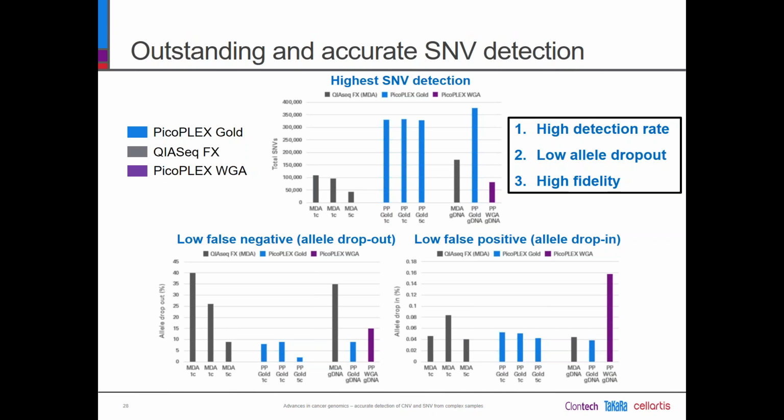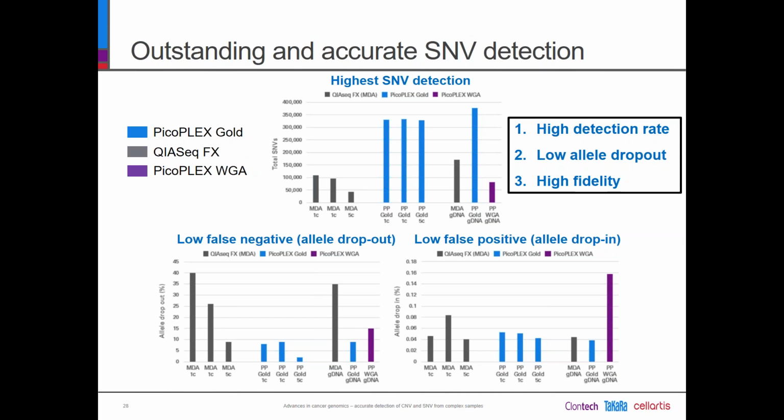So really to summarize the high performance of Picoplex Gold that we already saw for CNV, these graphs really point to a very high standard, and mostly we think gold standard for SNV detection in single cells, in single cancer cells, circulating tumor cells.